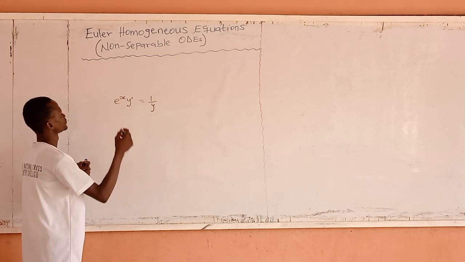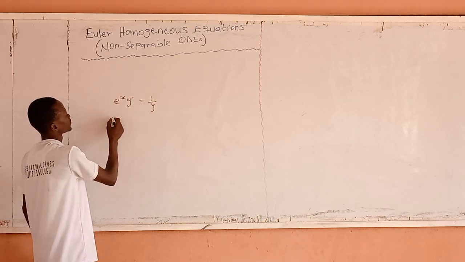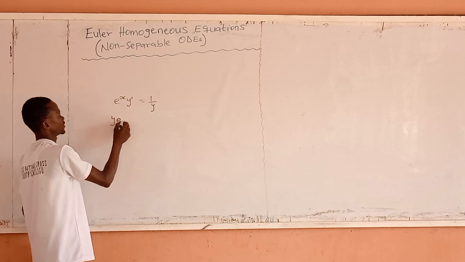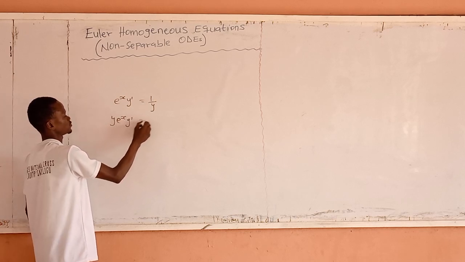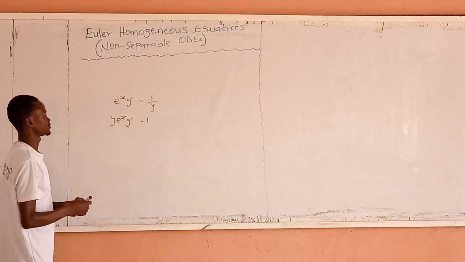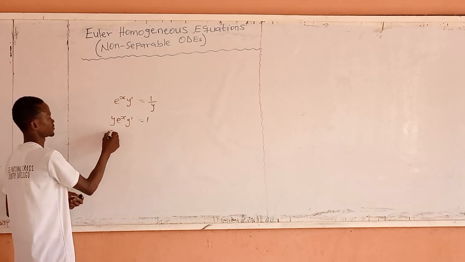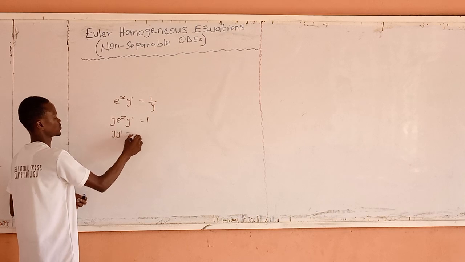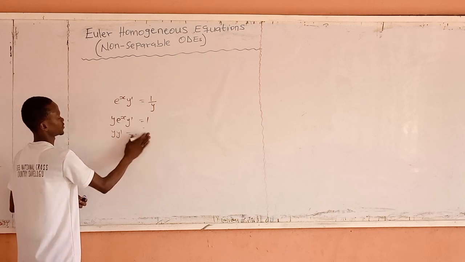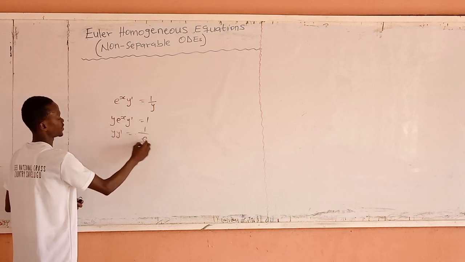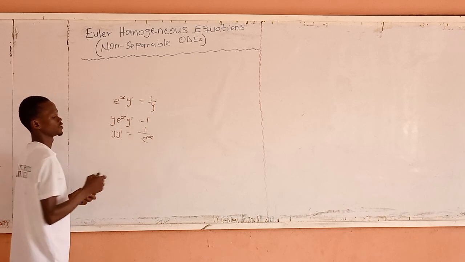So we have y e raised to the power x y prime is equal to 1, and then we divide both sides by e raised to the power x. So we have y prime is equal to 1 divided by e raised to the power x.